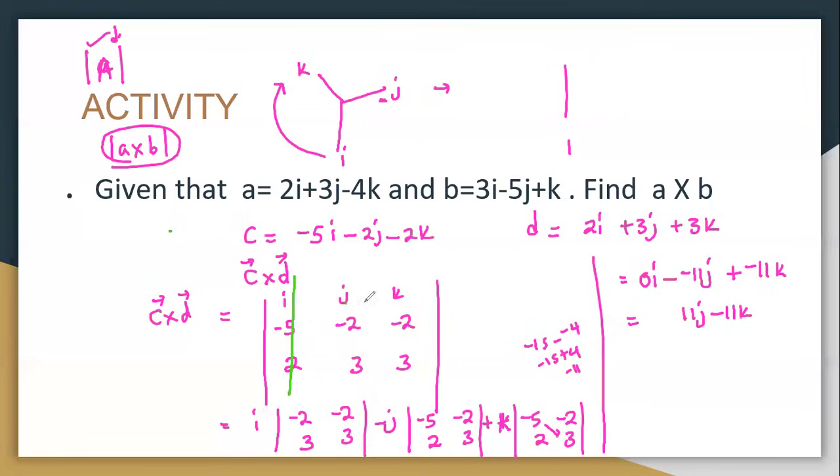I'm crossing J and K, right? Right. So when I'm crossing J and K, I get a positive I, right? Yes. So that's why here we put a positive. Now, if I go to J and I remove J, I'm crossing I and K. So when you look at I and K, here you get what? Negative. A negative. When you get K, you're crossing I and J, which is positive. Yeah. All right. Thank you, sir.